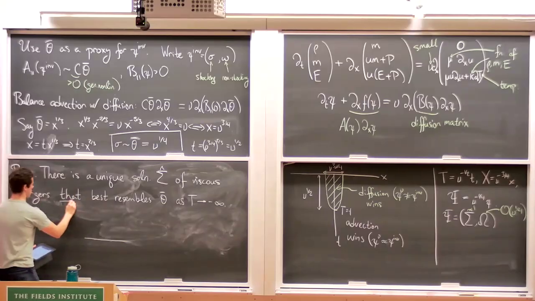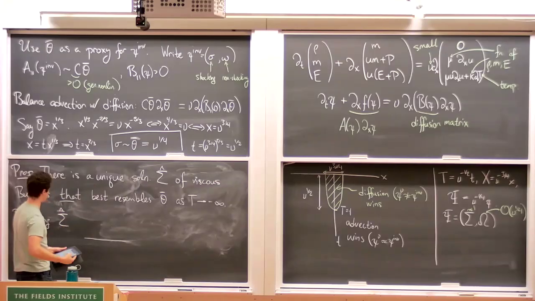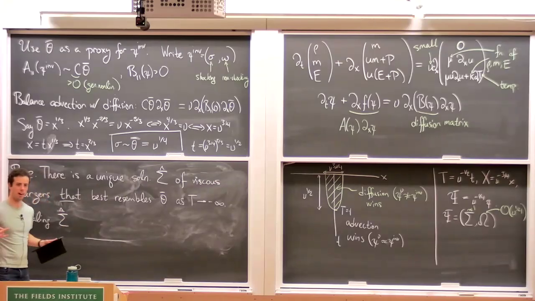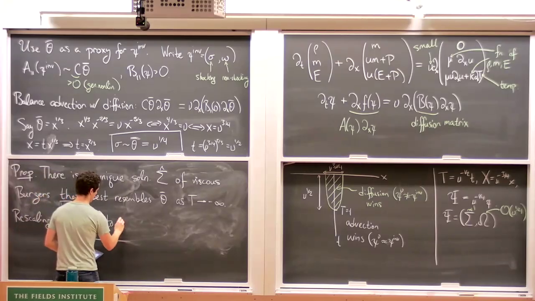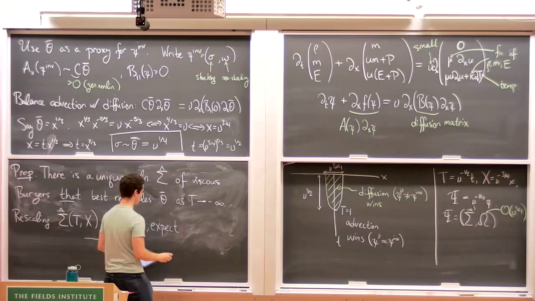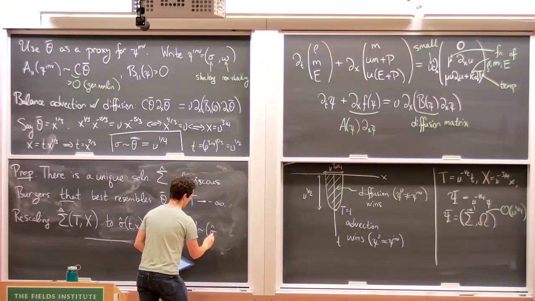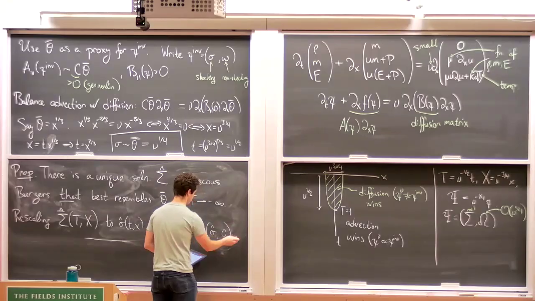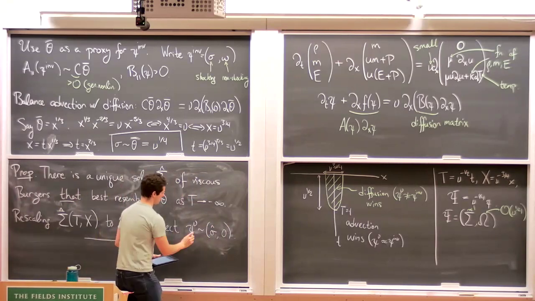So let me put it like this. If I take sigma hat, which is defined in the inner variables, and I blow it down, so I rescale it back into the original coordinates, little t and little x, so rescaling this function to a little sigma hat of little t and little x, the hope, the expectation is that psi nu is going to be approximately given by sigma hat and 0, at least to leading order, close to the shock.